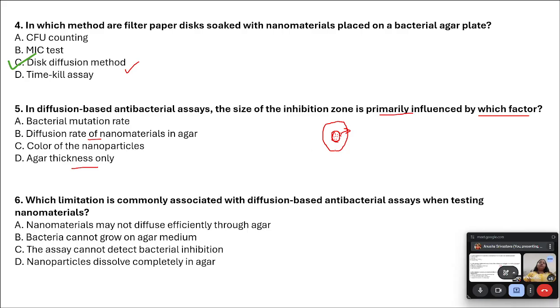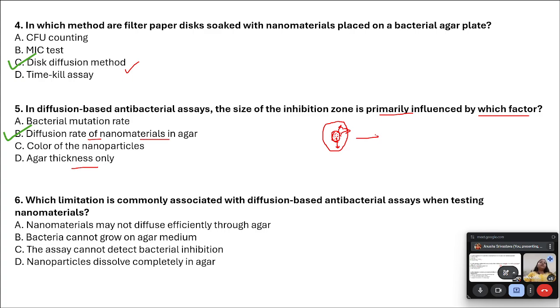Suppose you have put your nanomaterials here, and the property of the suspension is such that it cannot diffuse in the agar. The inhibition zone can be observed only if your nanoparticle has the ability to at least diffuse in the agar plate. If it does not diffuse through the agar, it will not inhibit bacterial growth, and there will be complete bacterial growth all around. So the correct answer is the diffusion rate of nanomaterials in agar.